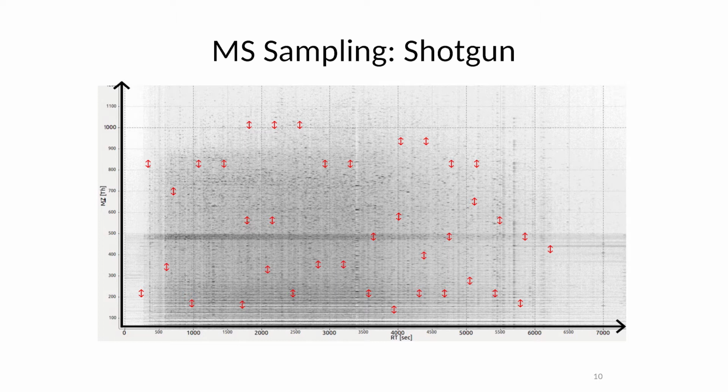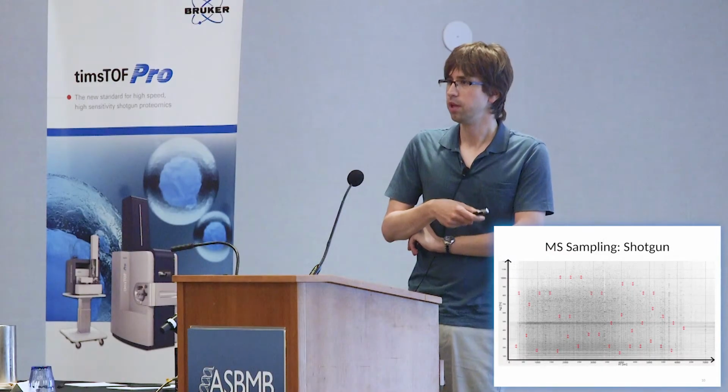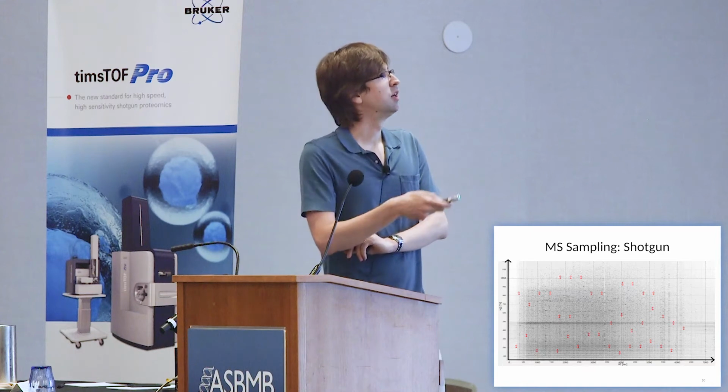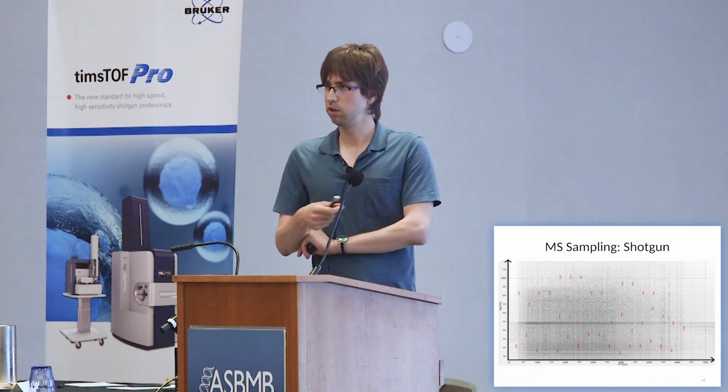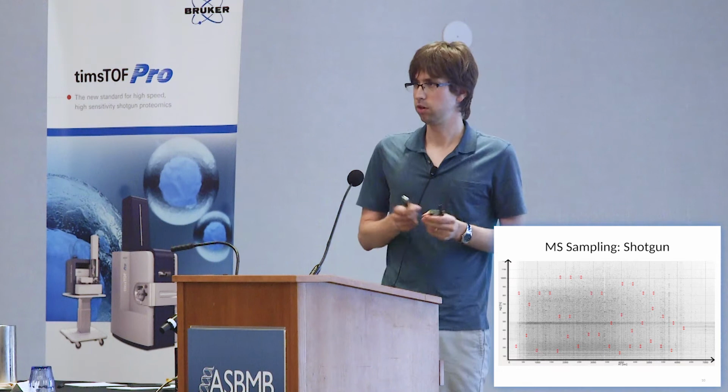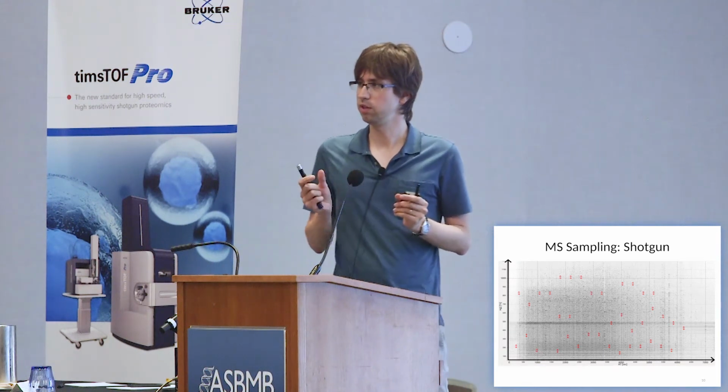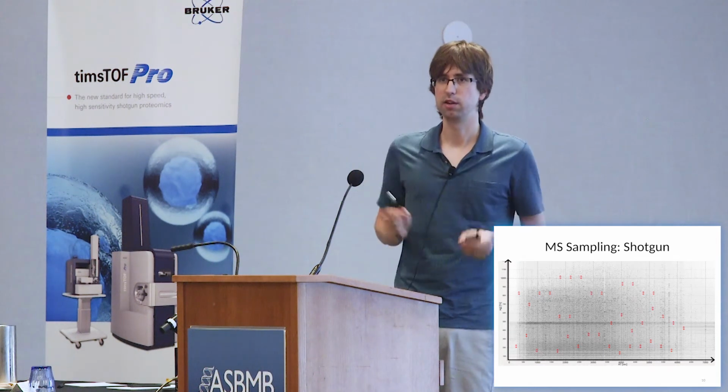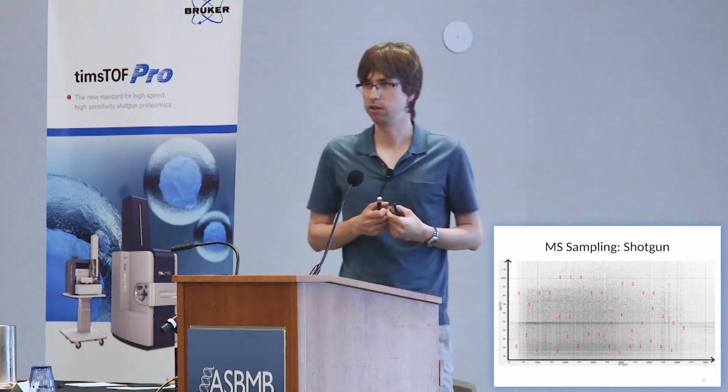However, there are two main problems here. One problem is that there are a lot of peptides that are not sequenced and not sampled. The other problem is that this semi-stochastic procedure is not reproducible across very large cohorts, because every single run will sample at a slightly different position and will sample slightly different peptides.